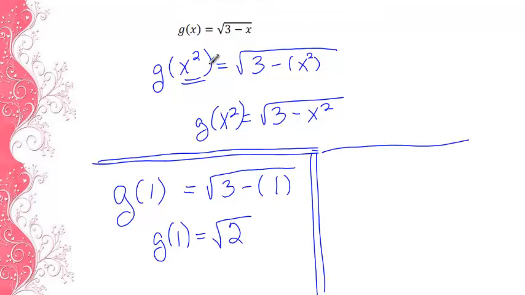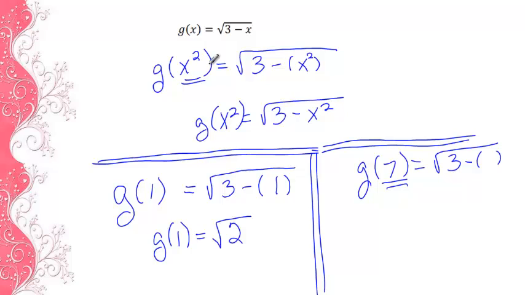Let's do one more. G of 7. That's going to be 3 minus, put the parentheses, and whatever's inside this bucket, we put inside the parentheses there. So G of 7 is the square root of negative 4.